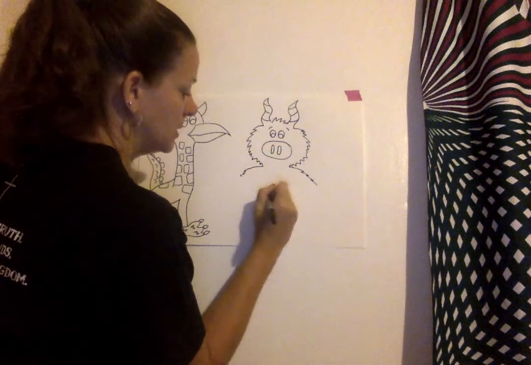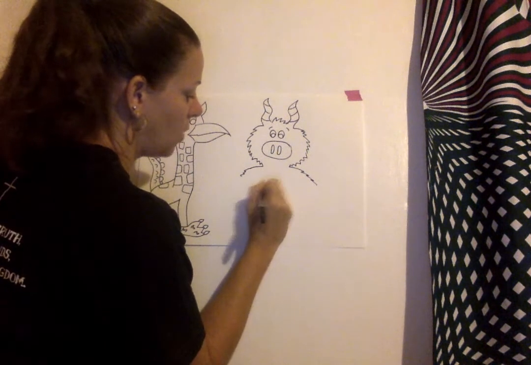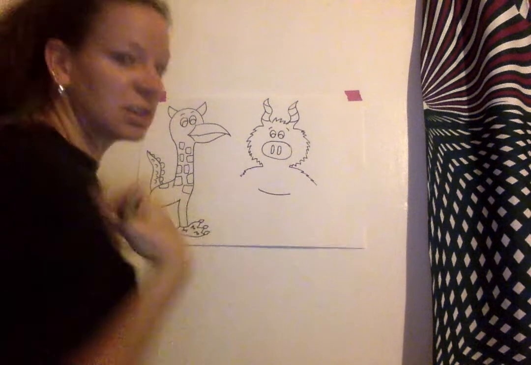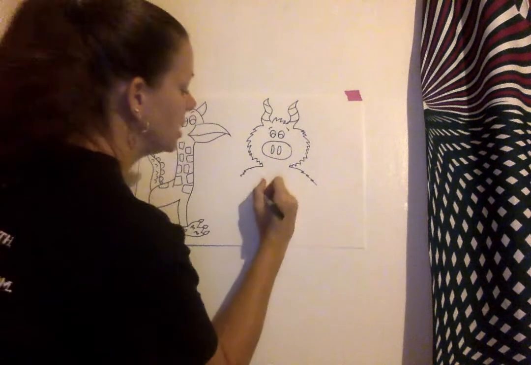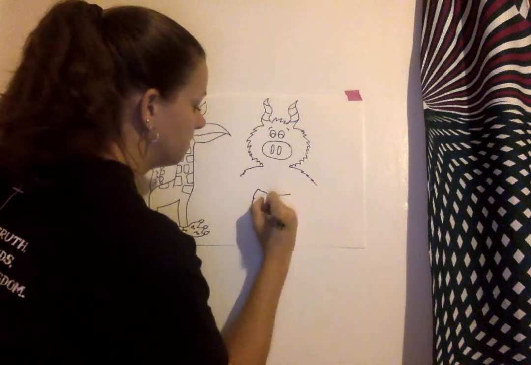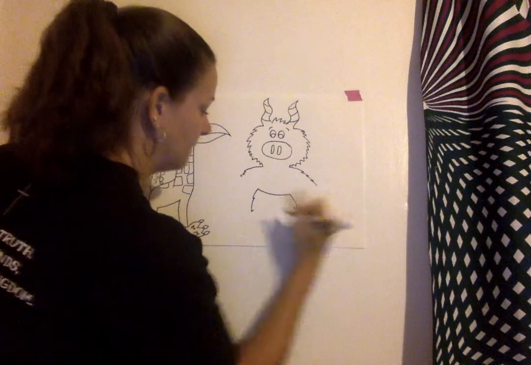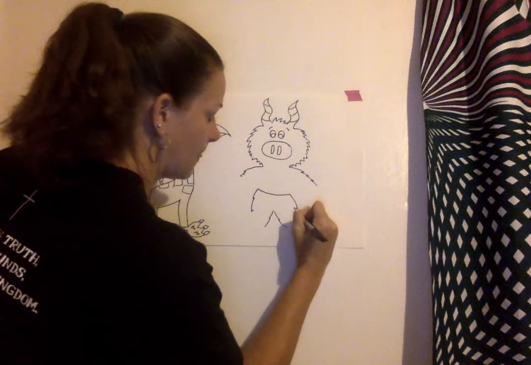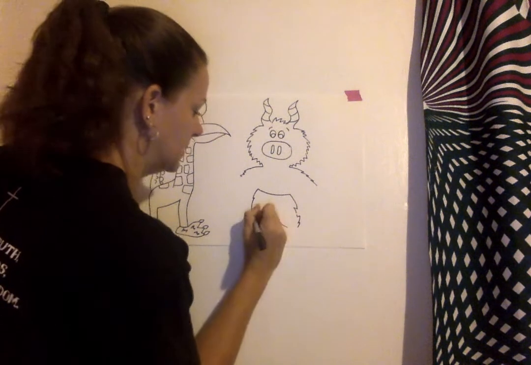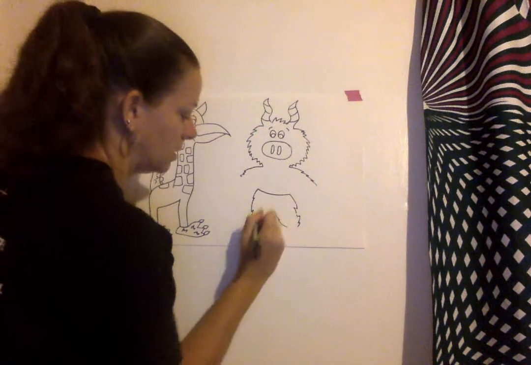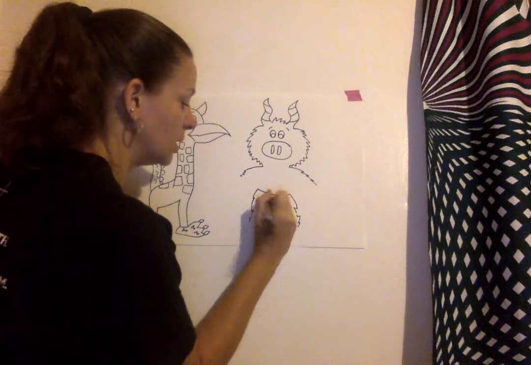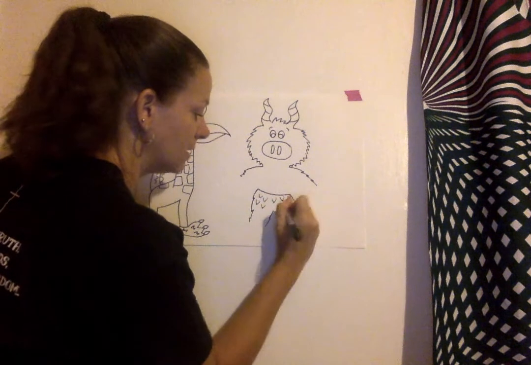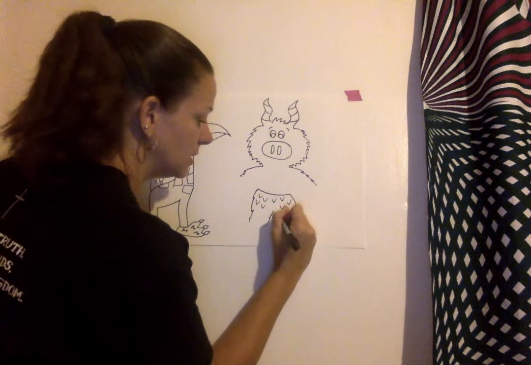So here I'm gonna draw the waist. Let's see, or where the top of the body and the legs sort of change. And in order for this to really sort of look like scales, I've got to add those details.